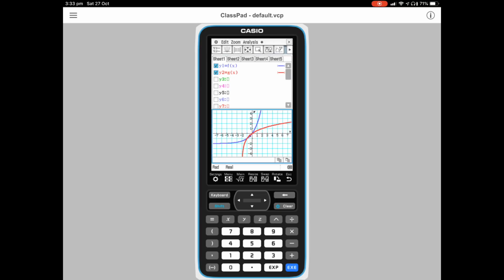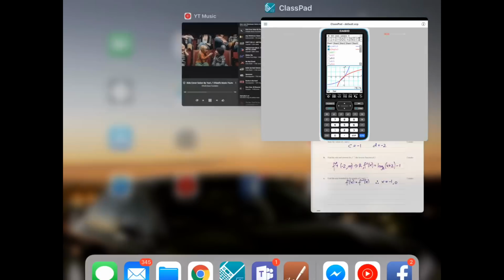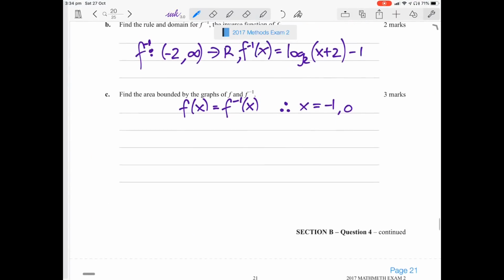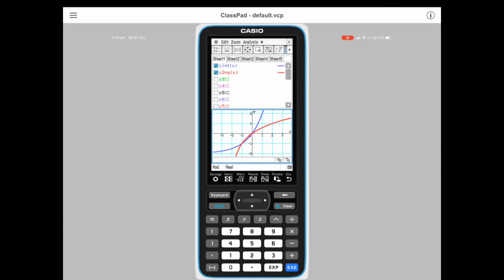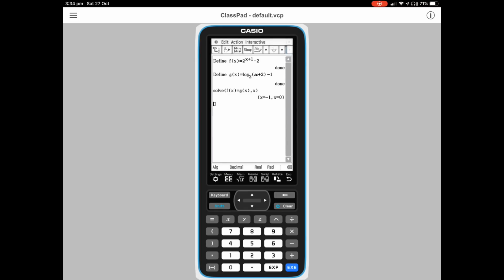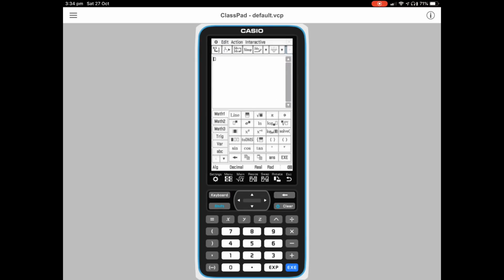Okay, so if we zoom in, it looks like it's at negative 1 and 1, doesn't it? Okay, so then we want to go from negative 1 to 0 of f inverse of x, because that's the upside down graph, minus f of x dx. Sorry, I've got a really bad habit of clearing the screen.